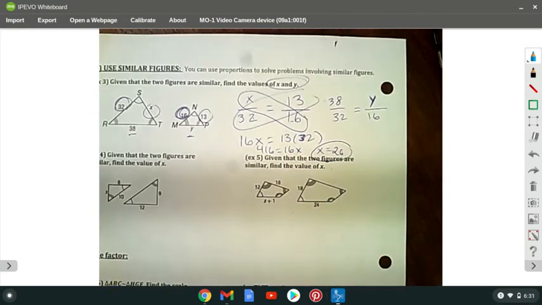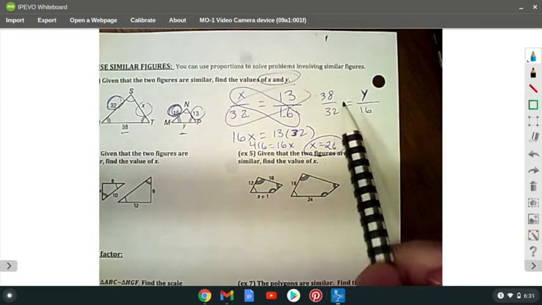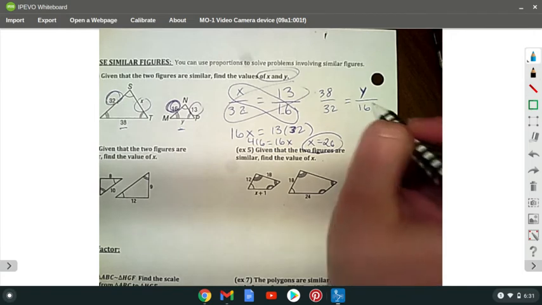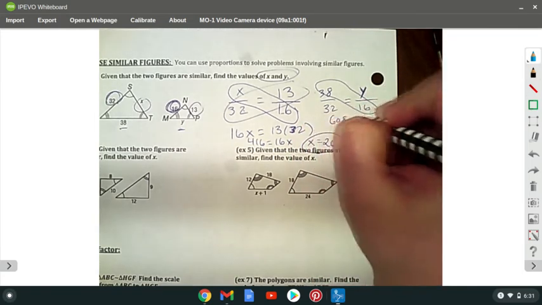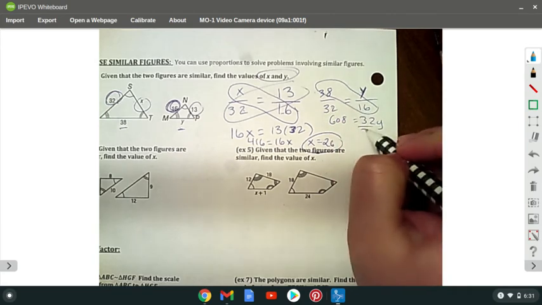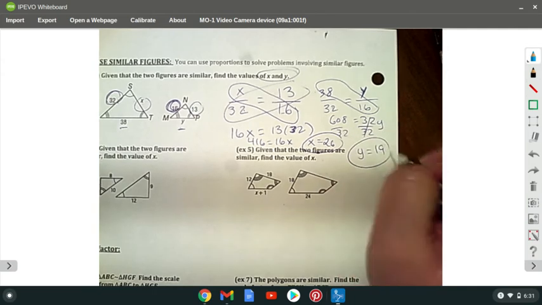So I'm going to put that here. And 38 is in the triangle with 32, so it should be in that fraction with it. Now I'm going to cross multiply again. 38 times 16 is going to give me 608, and 32 times y gives me 32y. And then I'm going to divide by 32 on both sides, and I get that y is 19.